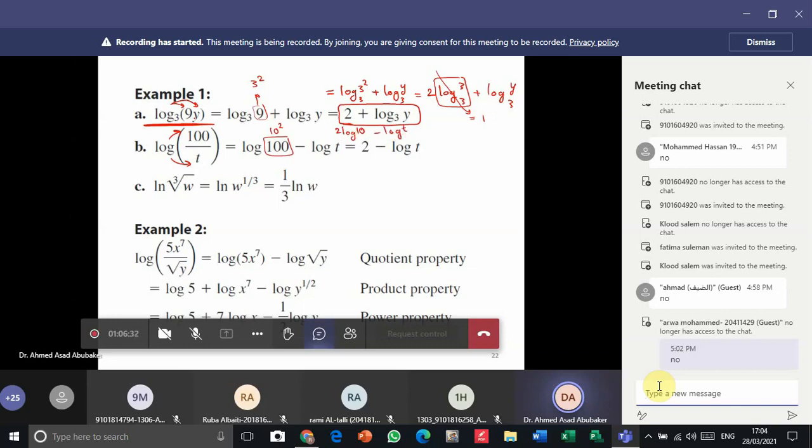This is log 10 to base 10, which is 1. 2 multiplied by 1, so we have 2 minus log t. Also, we can convert the radical to a power of 1 over 3, ln w to the 1 over 3, and put the 1 over 3 outside the ln. So we have 1 over 3 multiplied by ln w.